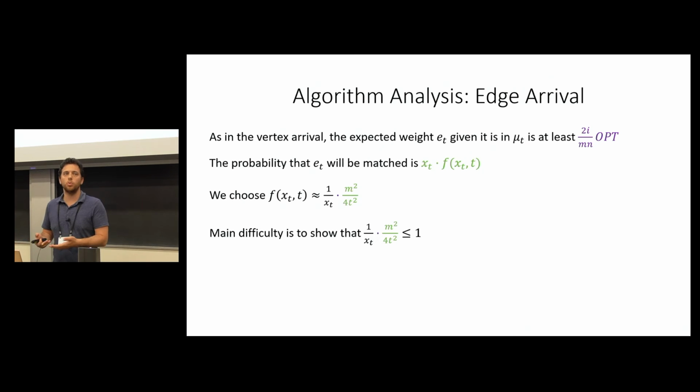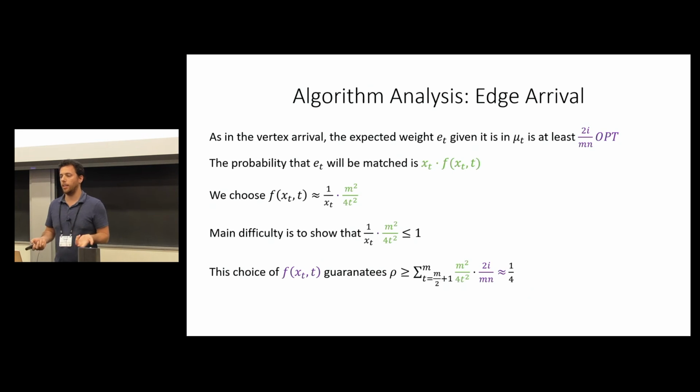On the other hand, we don't want it to be too large because then this expression will be above 1. And if you remember from the algorithm, we need to select with this probability, and the probability must be at most 1. So for the algorithm to be valid, we need the expression to be always at most 1. And we show that if we choose this constant to be m squared over 4t squared for the sampling phase of m over 2, then this expression is always at most 1, and this is the main difficulty of the proof.